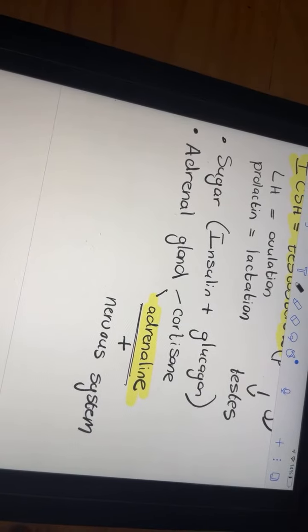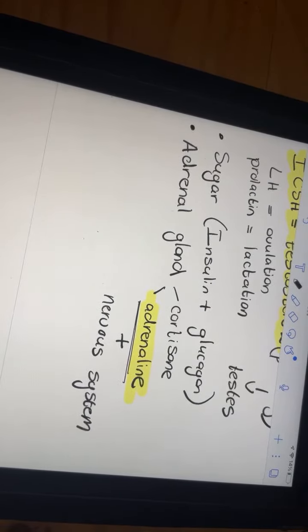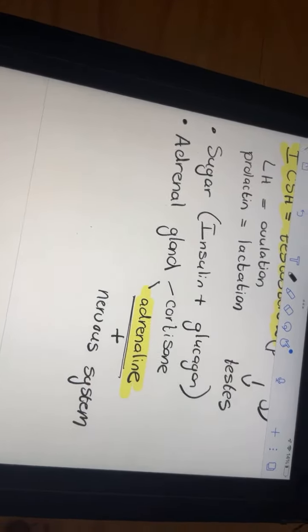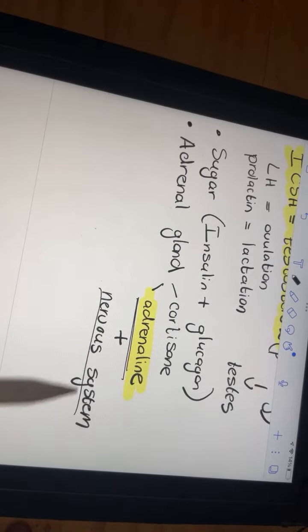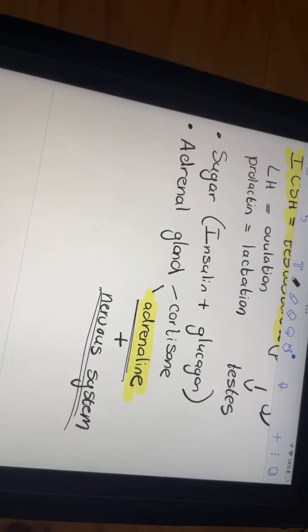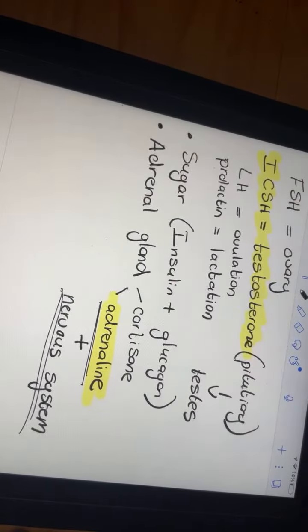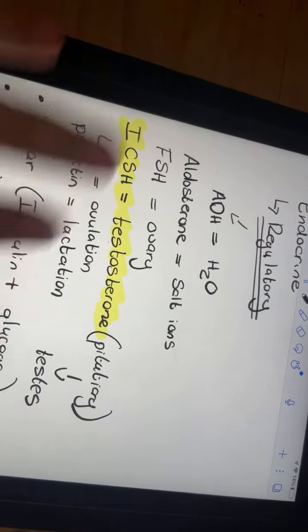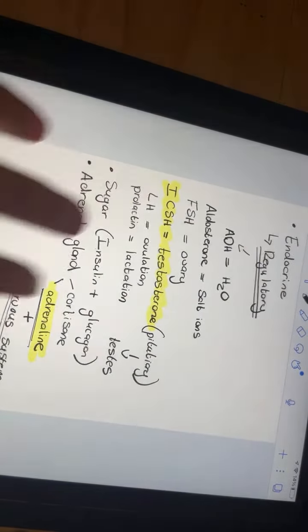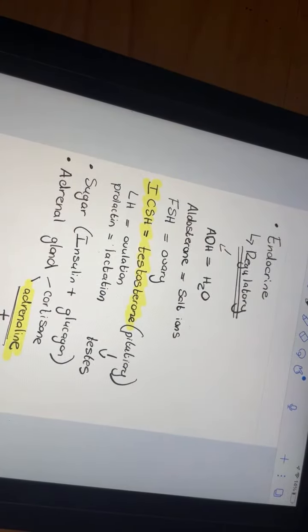It causes the constriction of your blood vessels so that more blood is pumped to your brain and your muscles so that you can run faster and run away from said lion. They love to ask those kinds of questions. It's like an overlap, if you will. So that's roughly what they would ask in the endocrine section. Just be very wary of those things.